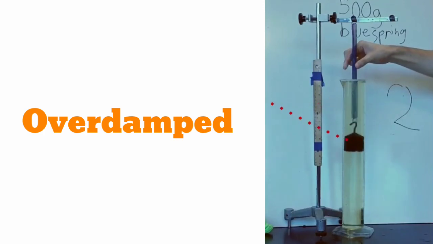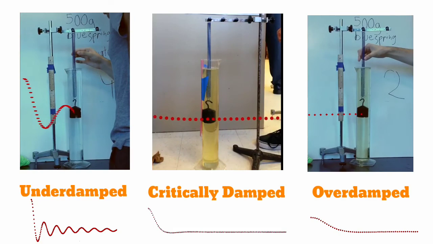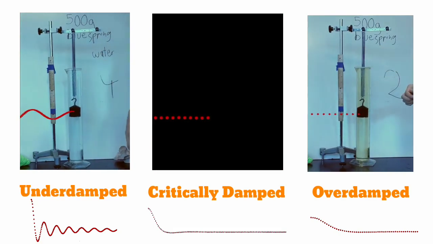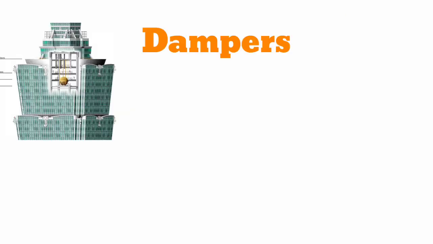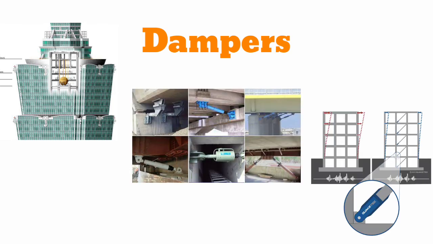While if the damping material is more than what is required for critical damping, the instrument is said to be overdamped. We can visualize these three in this video. We can see damping systems in physical application in a high-rise building, and they are called dampers. This is to reduce the swaying of the building when it is hit by strong winds.